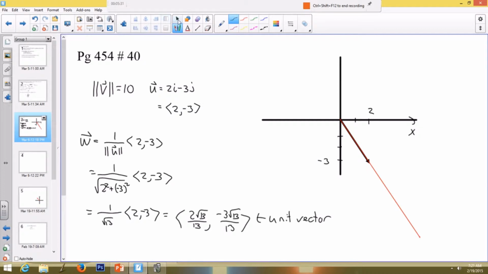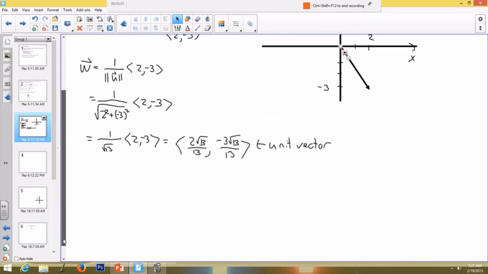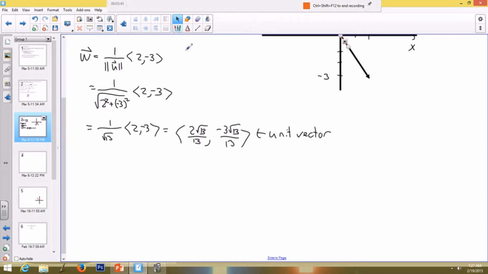So what I've done is take the original vector and shrink it down to a vector of 1 unit length, but it's still in that same direction. Now I'm going to use scalar multiplication to make that vector 10 units long.